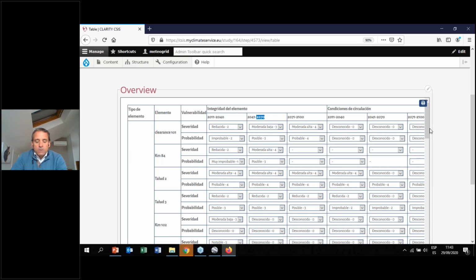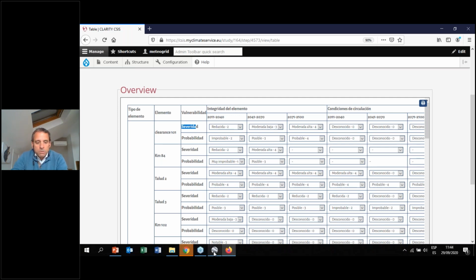The system also lets us define what are called the traffic operation conditions: how the integrity of this element may affect the traffic conditions, and how it may affect the severity and the probability to occur.